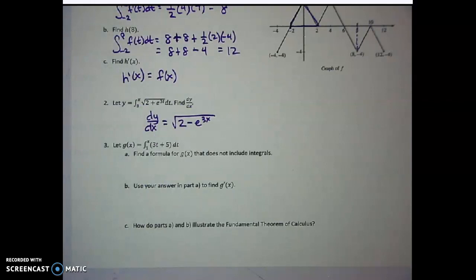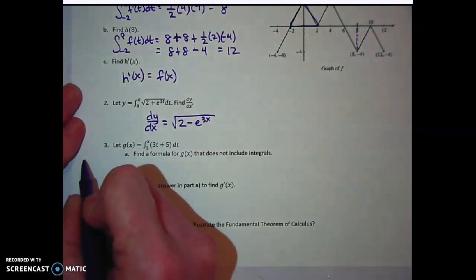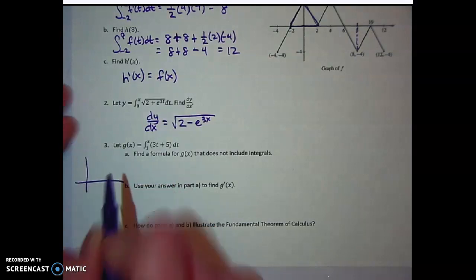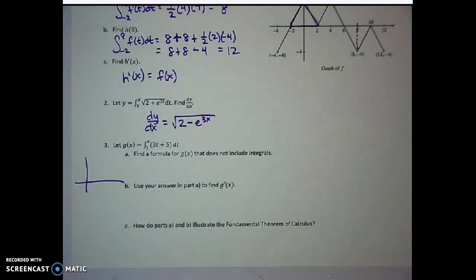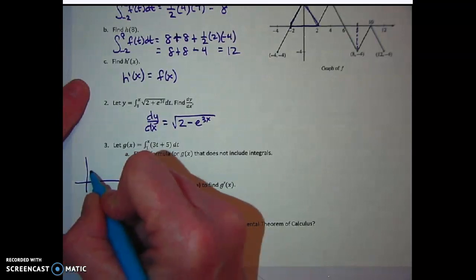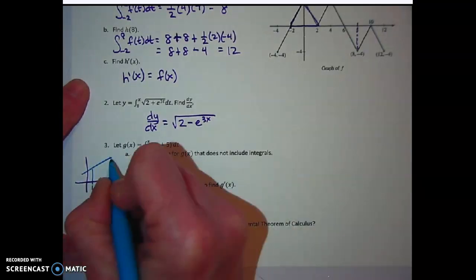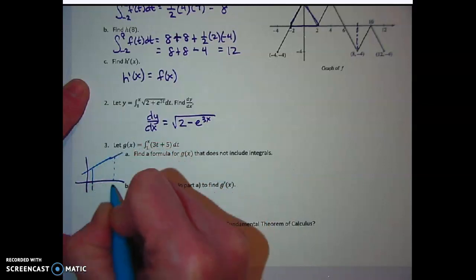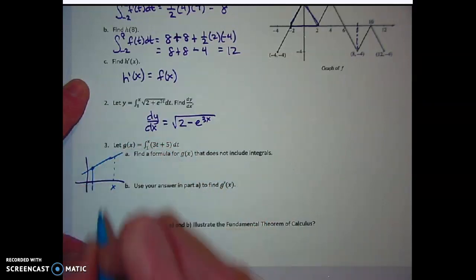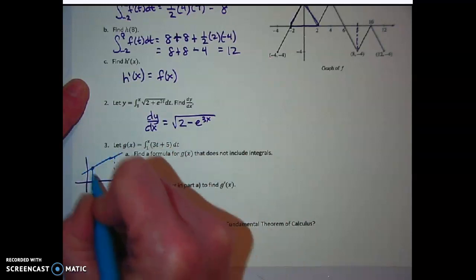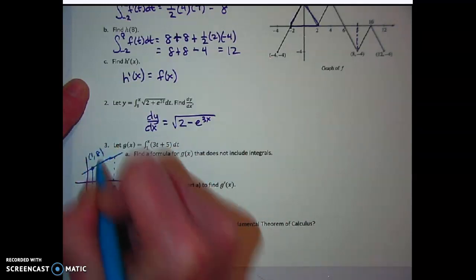And finally, let g of x be the integral from 1 to x of 3t plus 5 dt. Find a formula for g of x that does not include integrals. Well, we could think about the graph of this. If we go from 1 to x, it has a positive slope. This point here, if I plug 1 into my function, is going to be (1, 8).